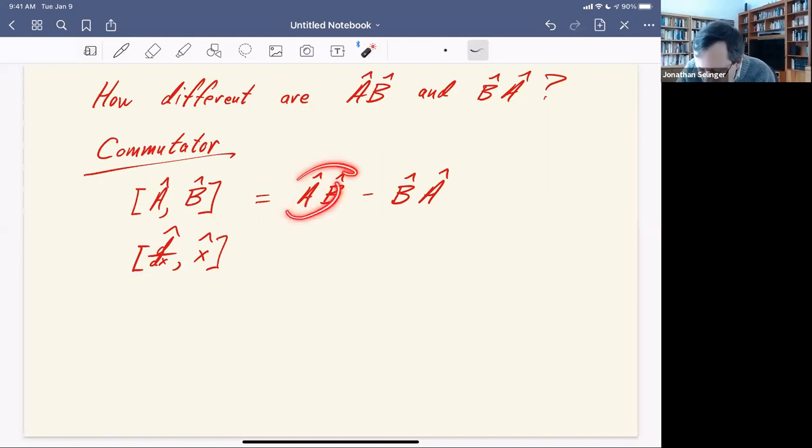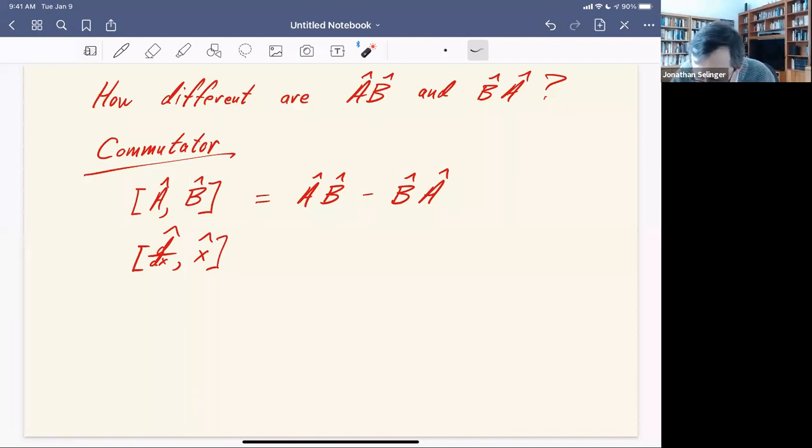AB is an operator. BA is an operator. The difference between them is an operator. So the commutator is an operator. Okay, so the commutator of d by dx and x is an operator. If you want to know what operator it is, you have to let it act on a function.